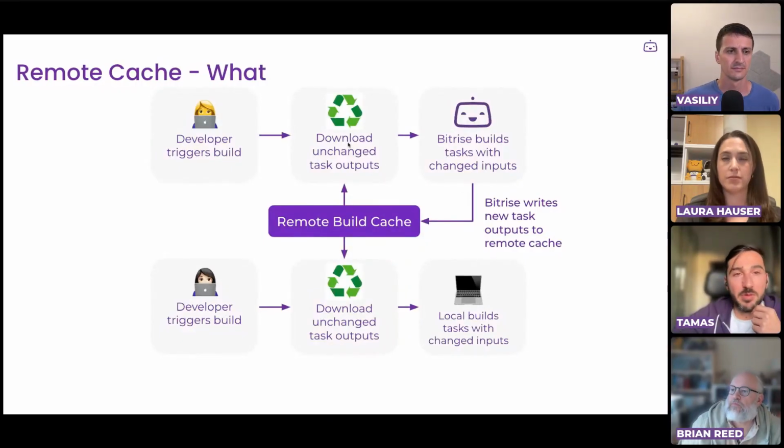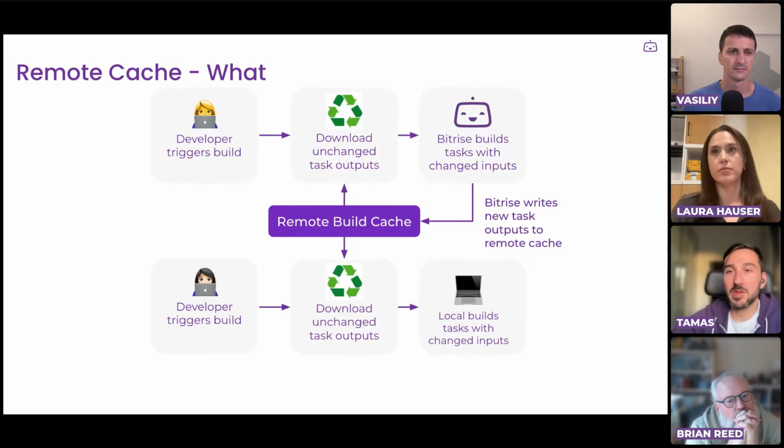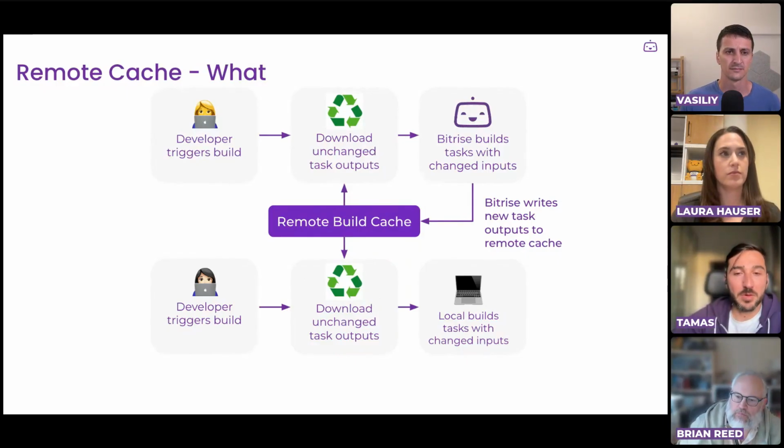That build downloads the task outputs that are already present in the build cache. Then the build runs and uploads any kind of outputs that are generated during the build. And the same thing happens locally. So the local machines would be able to reuse the same generated artifacts that are already in the build cache.